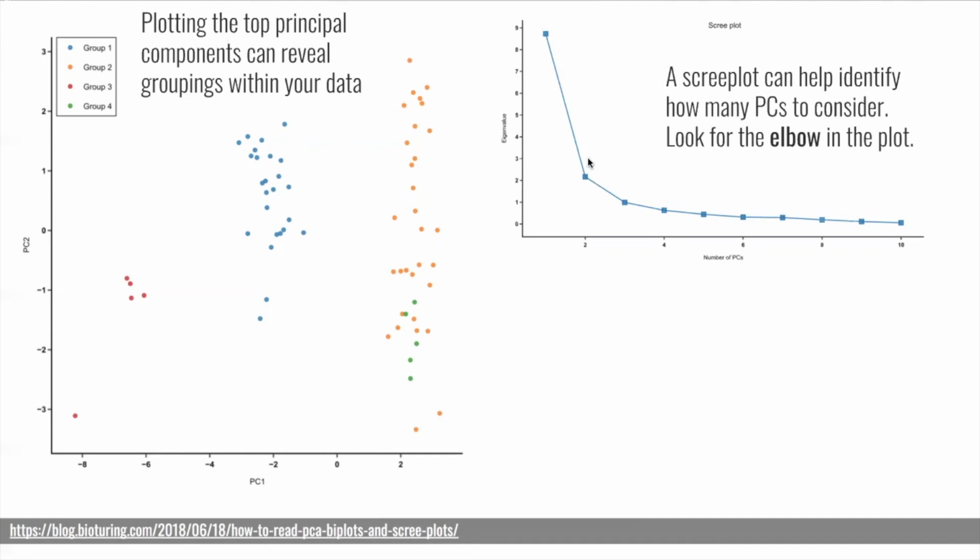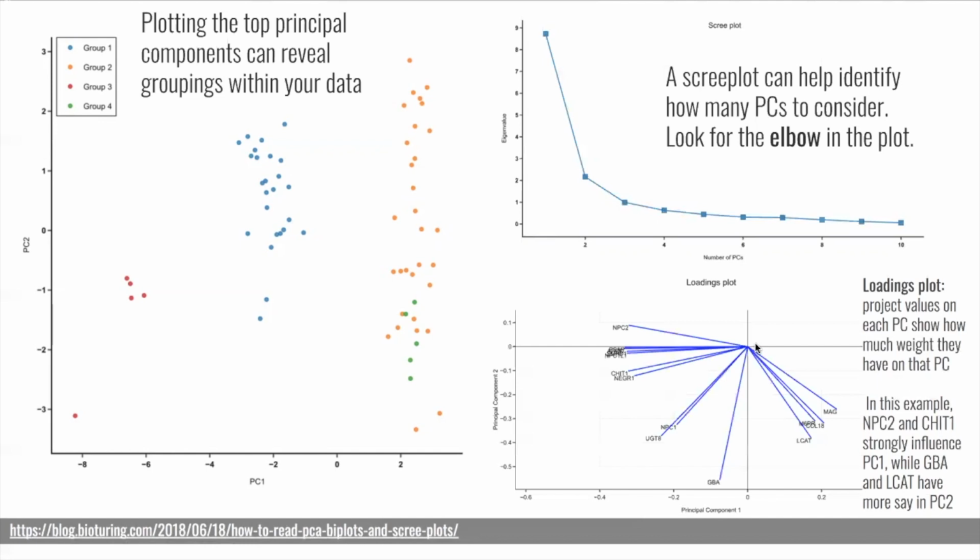So you're going to look for that elbow. And we can see PC1 and 2 in these data really explain the vast majority of the variance in the data, and then it kind of drops off starting with PC3. A loadings plot can be helpful as it projects the values of each PC onto how much weight they have on that principal component.